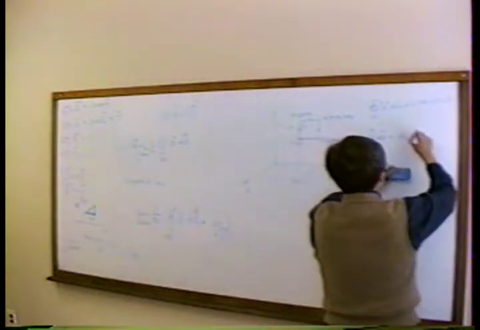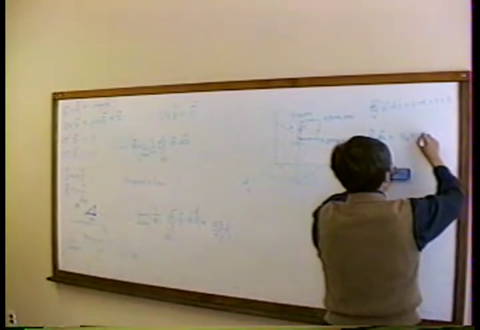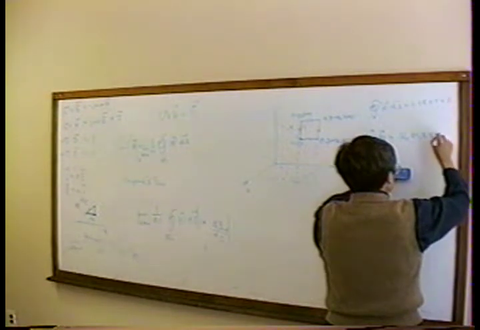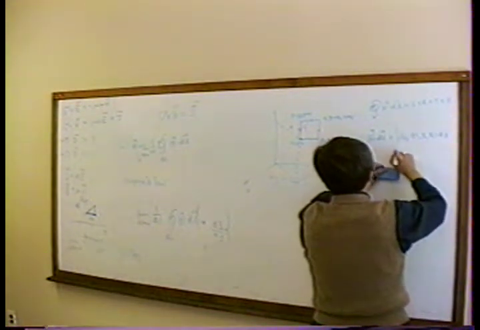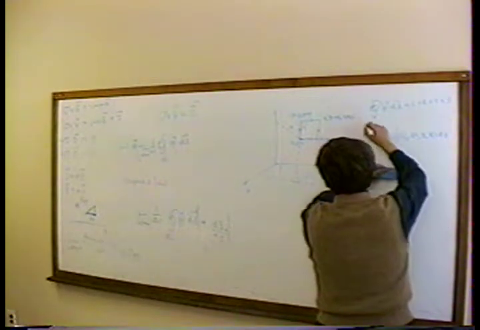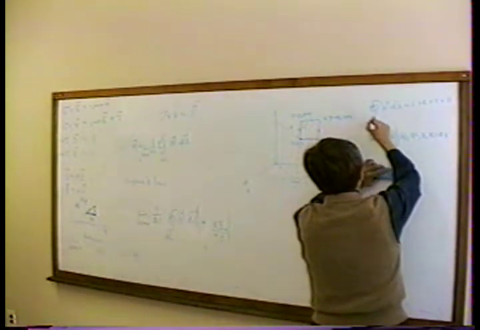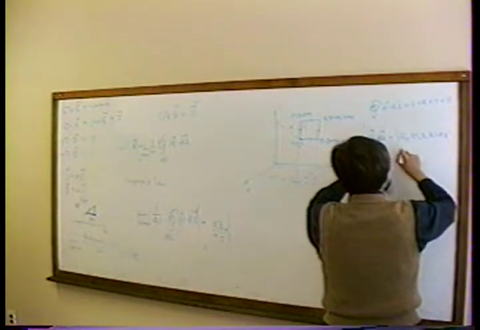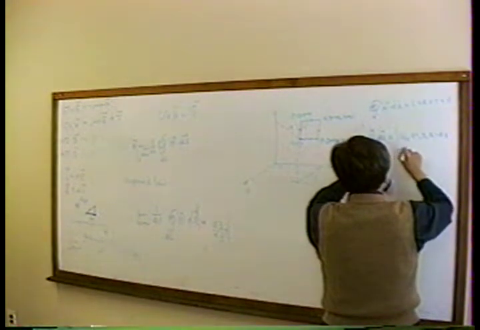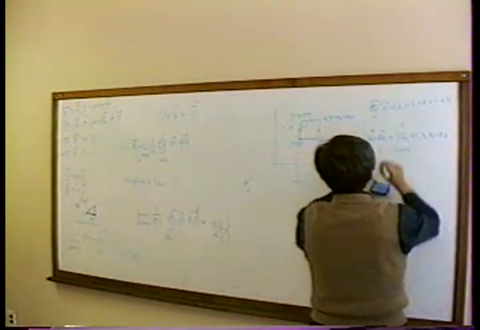It is Hx(x, y, z prime) dz prime, integration from, this is left, integration is from z plus delta z to z.